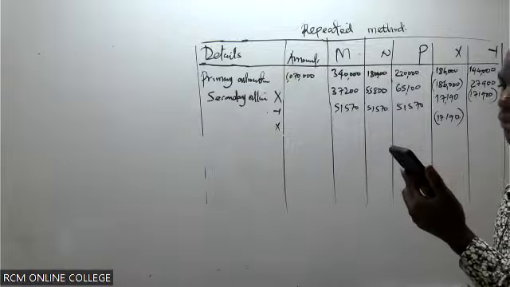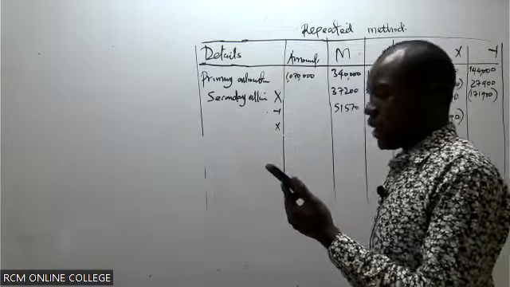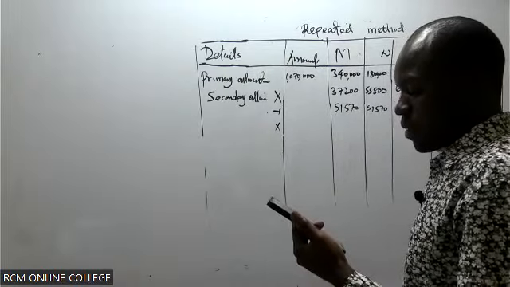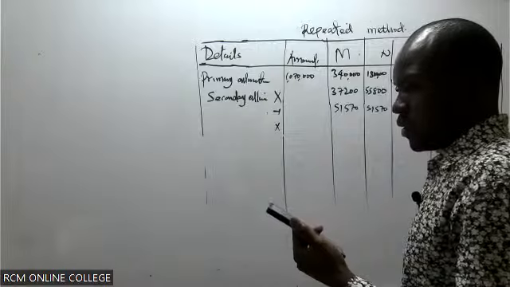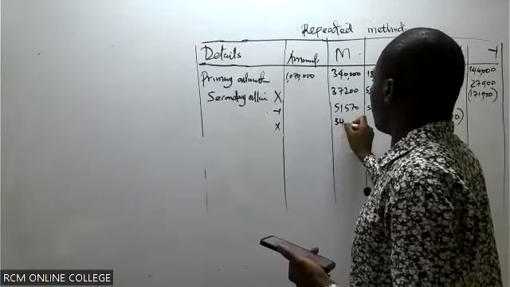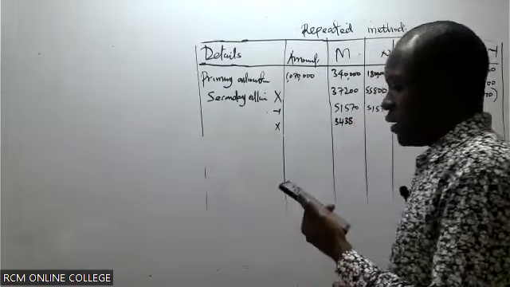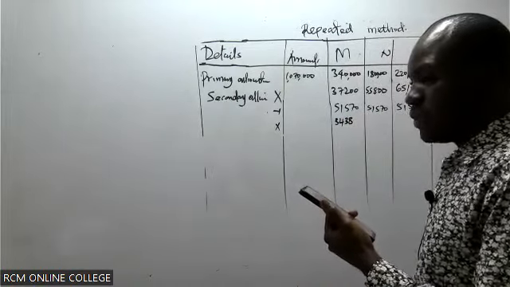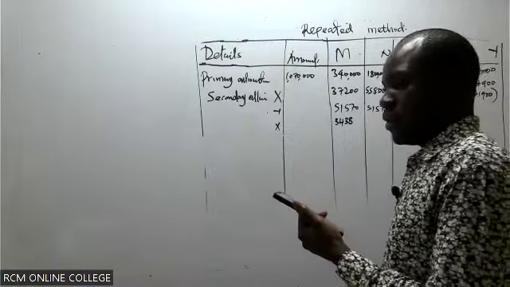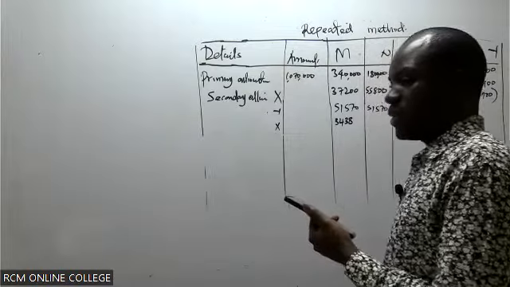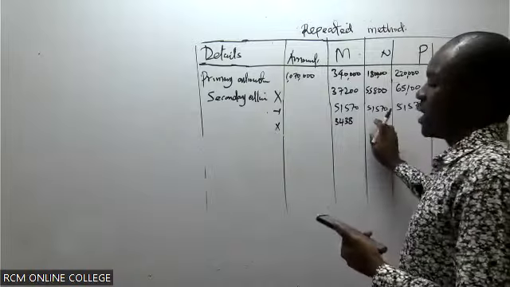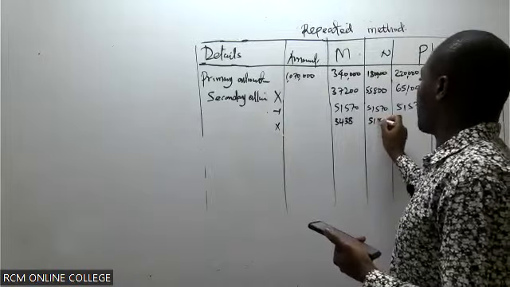In the ratio of 20 to 30 to 35. Sasa tupeane 20% of this. Tunapata ngapi? 20% of that tunapata ngapi? Give us 34, 38. Then N will receive 30%. 30% itakuwa ngapi? 30% ya hii itakuwa ngapi hapa? 51, 57.